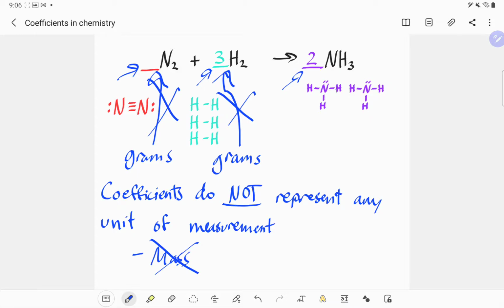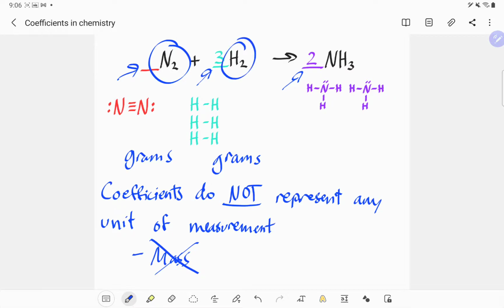So I'd have to convert from grams to moles before I can plug them into this equation, because otherwise it's not going to work. You're going to get inaccurate results. And the reason for that is because a molecule of N2 has a completely different mass from a molecule of H2. So it's not something that you can compare through mass.